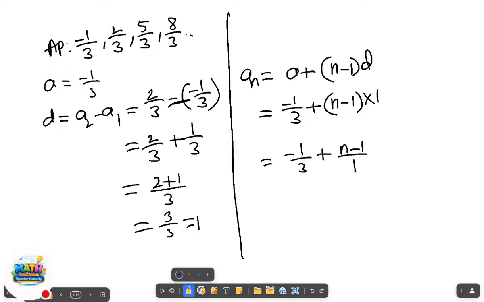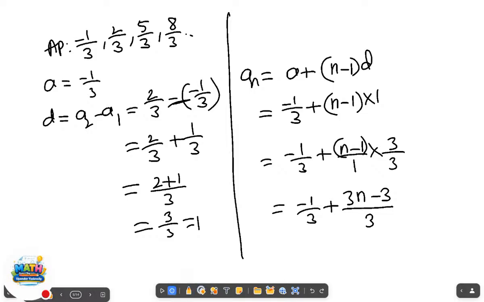So to have the same denominator, let's multiply the second term with 3 by 3. Now what it becomes? Minus 1 by 3 plus this 3 into n, 3n, 3 into minus 1, minus 3, whole by 3. Now denominators are equal, add the numerators.